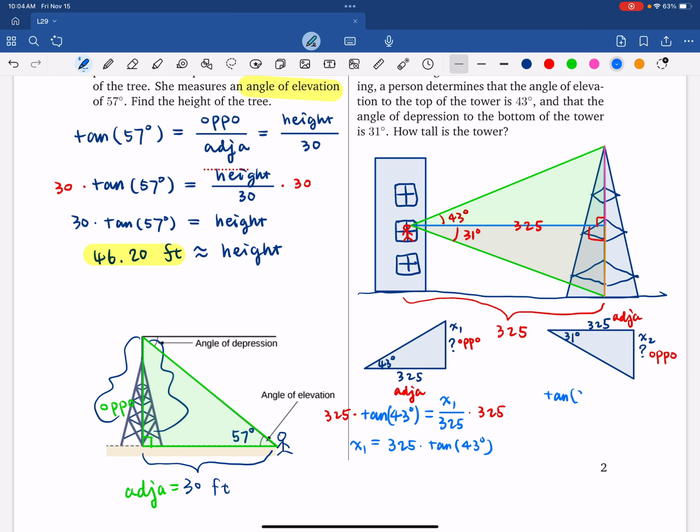So tangent of 31 degrees equals opposite, which is x2, divided by adjacent, that's 325. To get x2, we multiply both sides by 325, and that means x2 is 325 times tangent of 31 degrees.